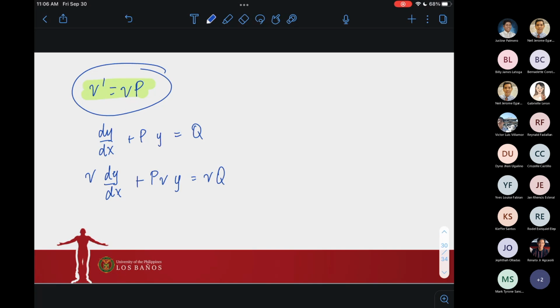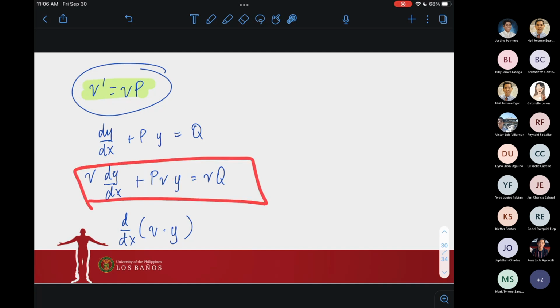Alright? Tapos, look at this. This is exactly the derivative of v times y. Kasi derivative ng v times y ay v times y prime plus derivative ni v, pero ang derivative ni v ay pv times y.